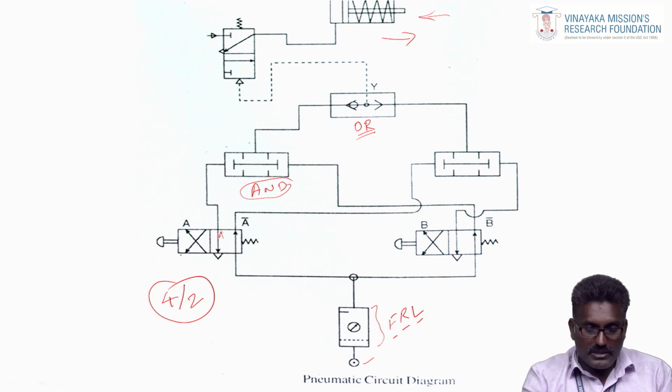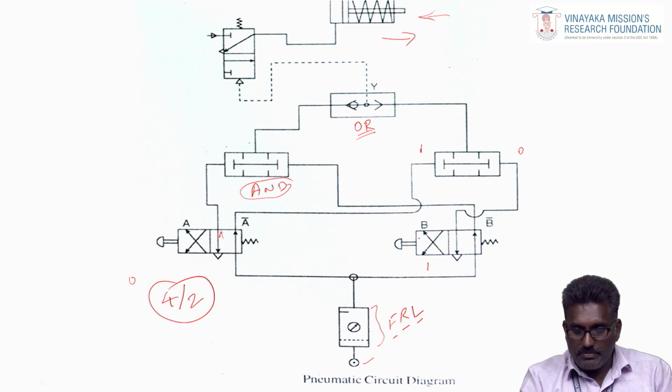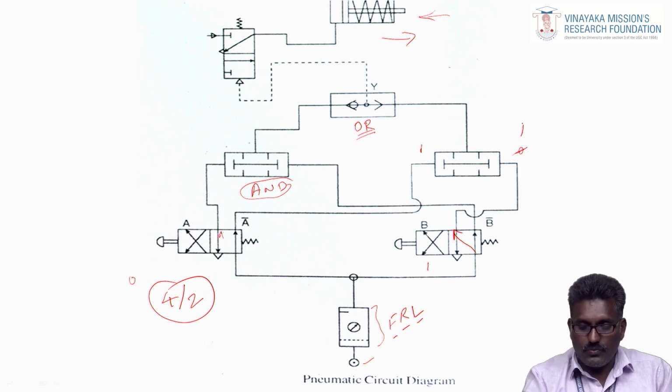Now, A is not pressed, A is 0, B is 1. What happened? Here the signal 1 is available, but B is not pressed, so here there is no signal. But in case you press B, the compressed air is connected here, and this 0 becomes 1.